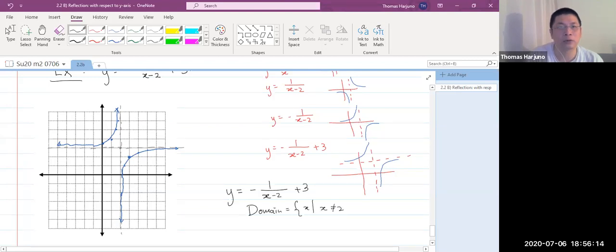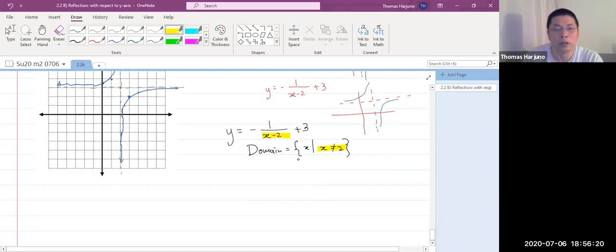Because if x equals 2, it becomes undefined. Which I can write in our notation, all real numbers except 2, or you can also write negative infinity up to 2 union 2 to infinity.